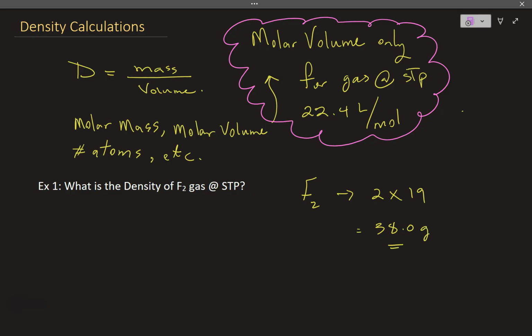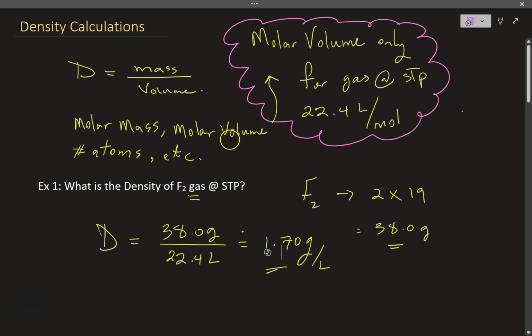At STP, the density is equal to mass over volume, that would be 38.0 gram, and because it's gas, we can use 22.4 liter. Simple as that. When you do the number, you will end up getting 1.70 gram approximately per liter.